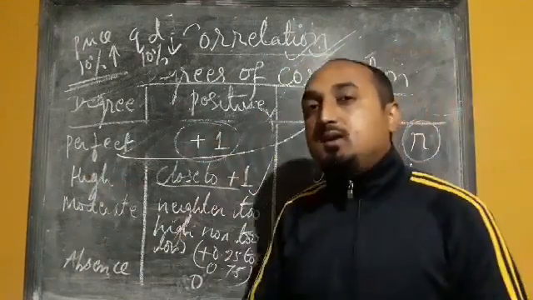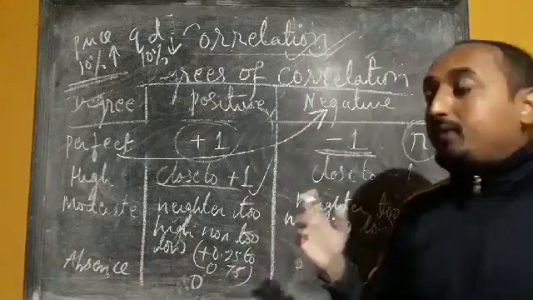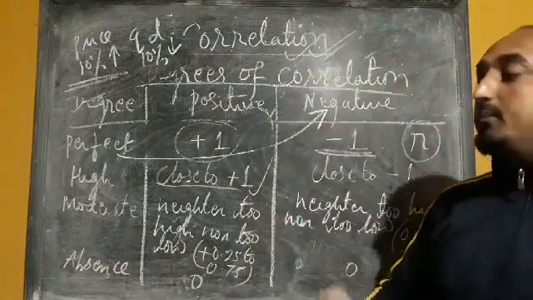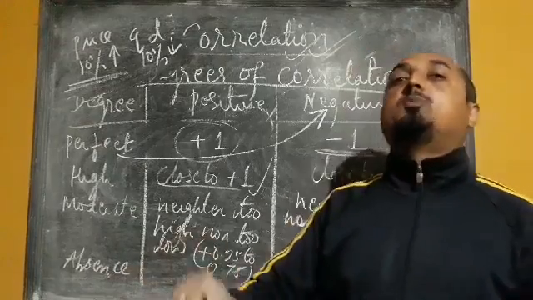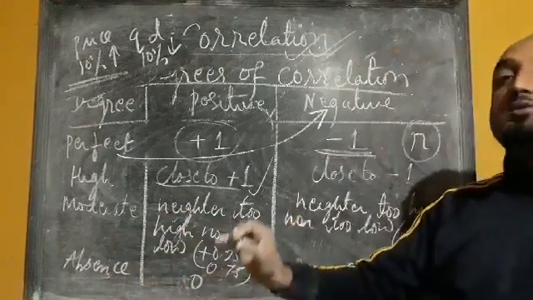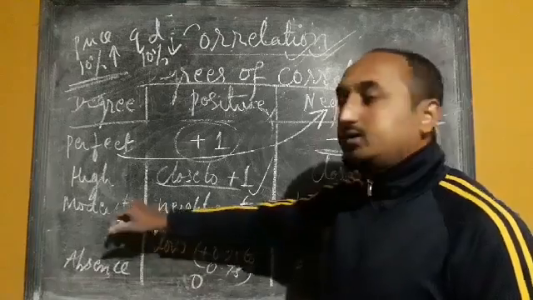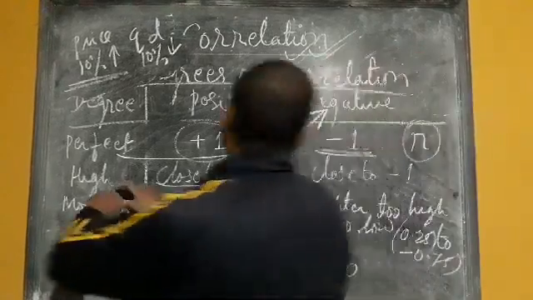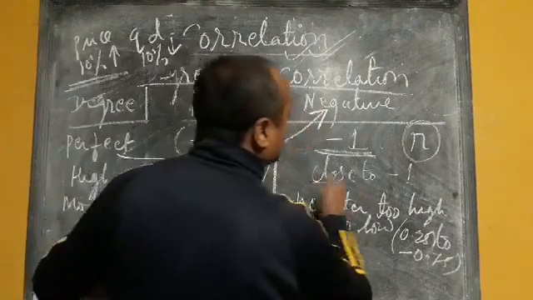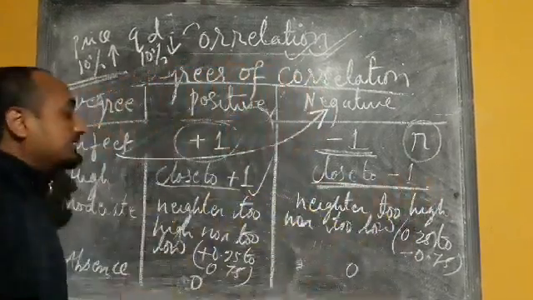But similarly, if the value of R is coming minus 0.97 or minus 0.98, if it is closer to minus 1, then we can say that there is a high negative correlation. So the value will be close to minus 1.